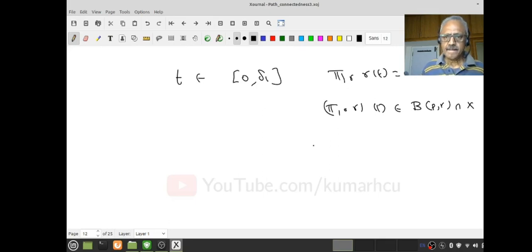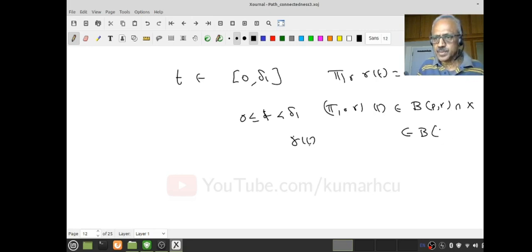Yeah, but this delta 1 may go outside, so this is for 0 less than or equal to t less than delta 1. Therefore at delta 1, gamma has to lie in the closure, so it may be the closed ball B P of R intersection the set.